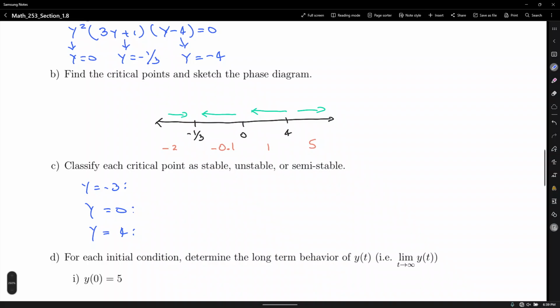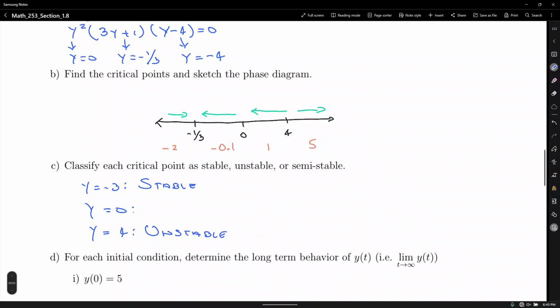The two arrows are getting to that same y value at -1/3. That's why we have a stable point. What about at y equals 4? At y equals 4, we have the two arrows going away from its value, so this is unstable.